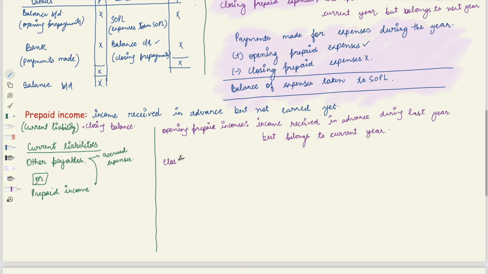Similarly we have closing prepaid income. This is going to be income received in advance during current year, but belongs to next year.